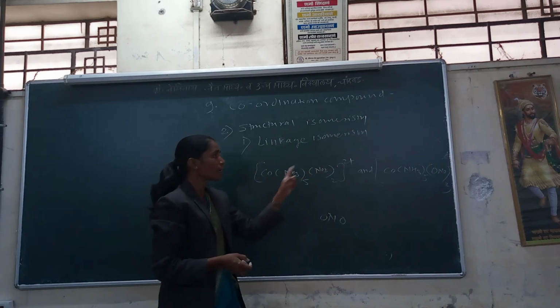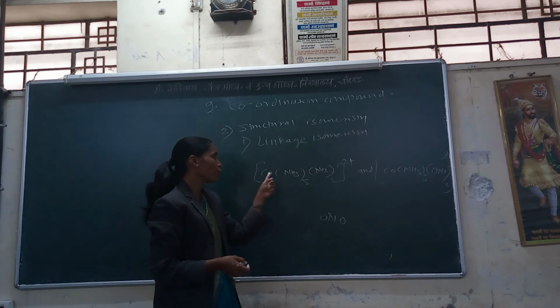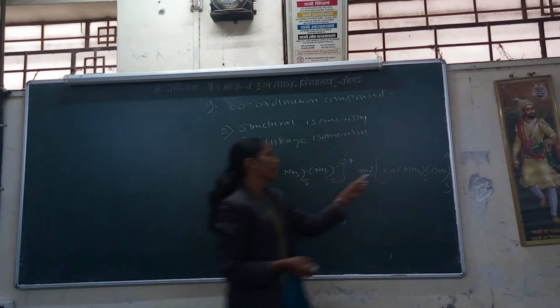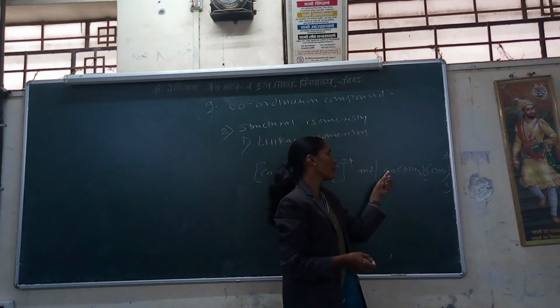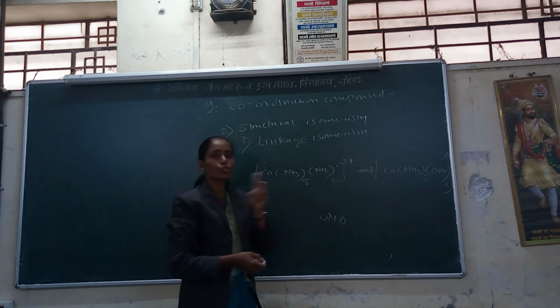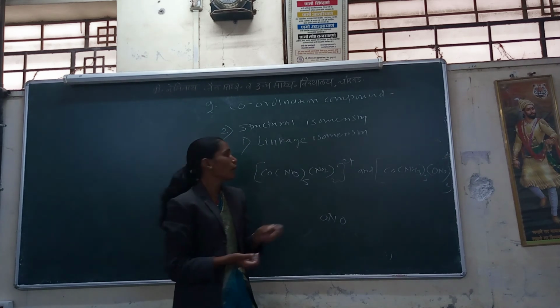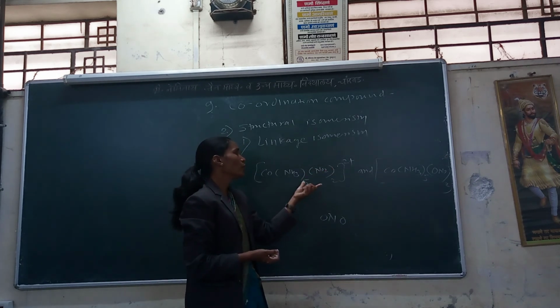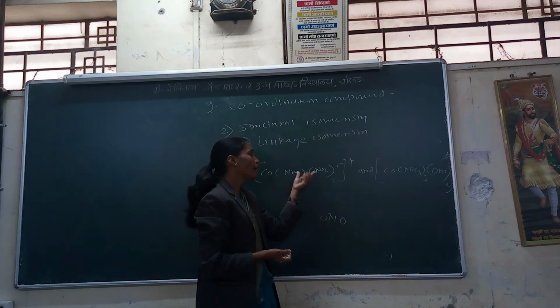These two are linkage isomers. Here linking to the central metal cobalt is by nitrogen, and here by oxygen. NO2 has O and N as the two donor groups, and in the two structures the linking is by different donor groups.